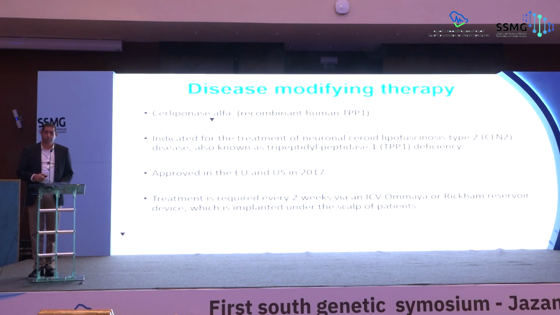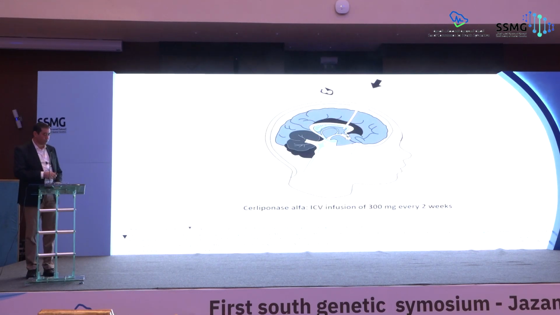The other important news is the disease-modifying therapy, which has been available on the market for a few years, approved by the European Agency and FDA since 2017, which is enzyme replacement therapy. It is a human recombinant TPP1. So we have the chance to treat these patients.